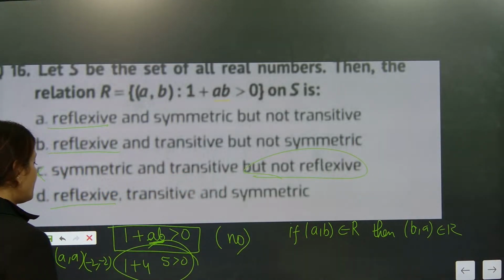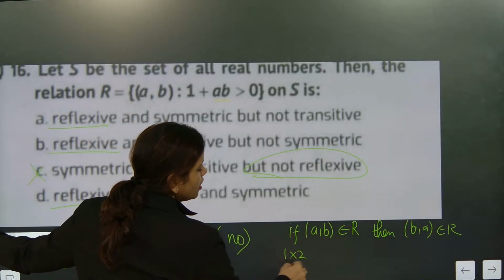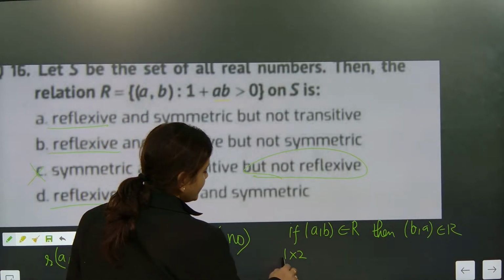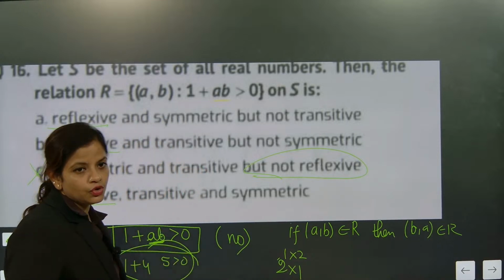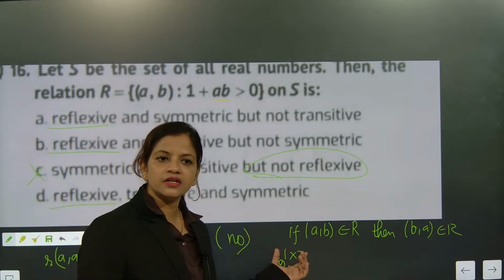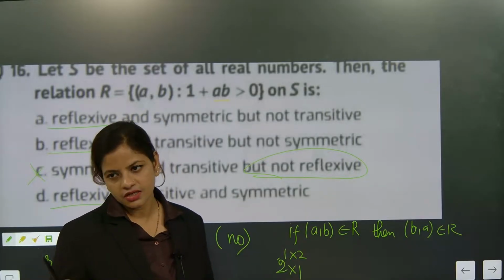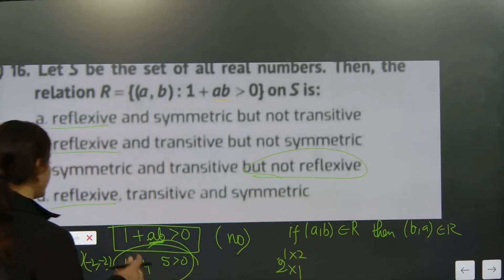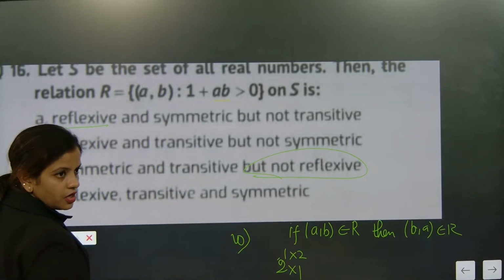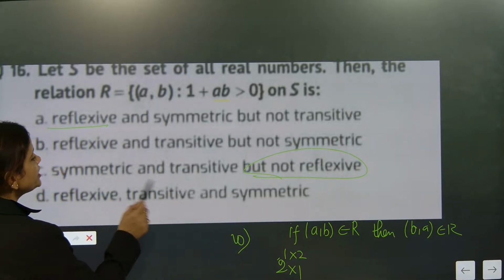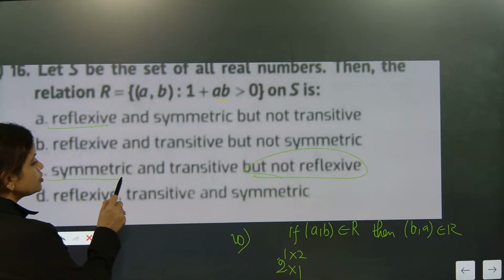So I will take 1 and 2. 1 into 2, and then here it will become 2 into 1. If 1 into 2 satisfies the condition, then its reverse will also satisfy the condition. Got it? So it is symmetric also.